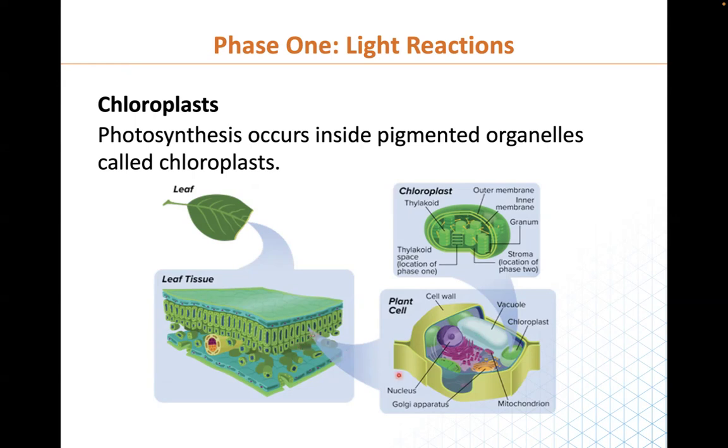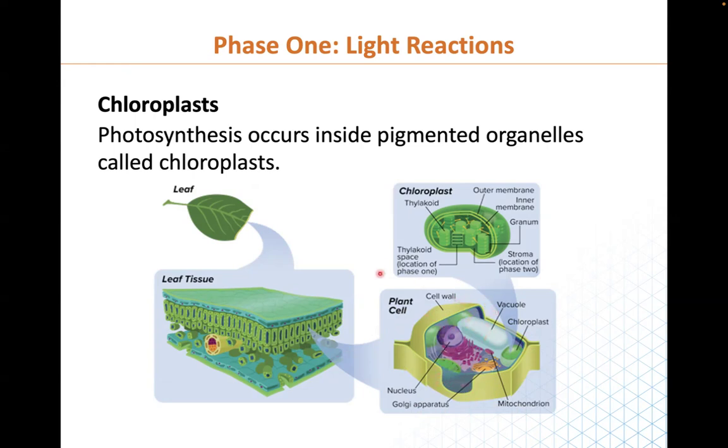If you expand the plant cell, you will see the cell wall, the vacuole, the chloroplast, the mitochondria, the nucleus, the Golgi apparatus. All of these organelles are found in the plant cell.